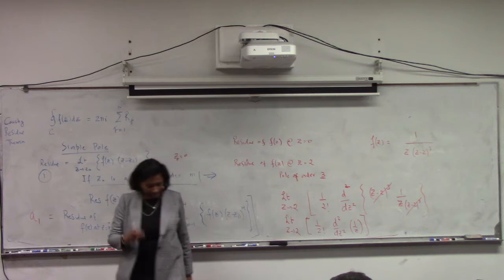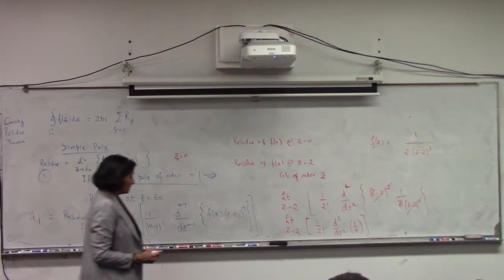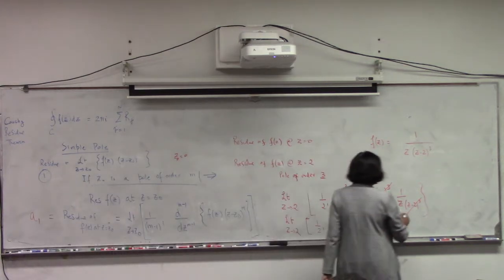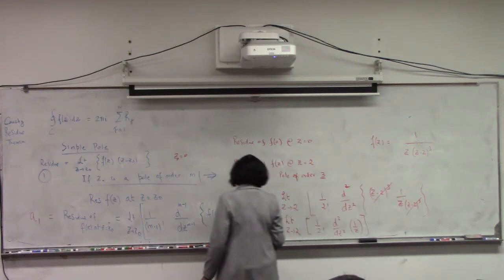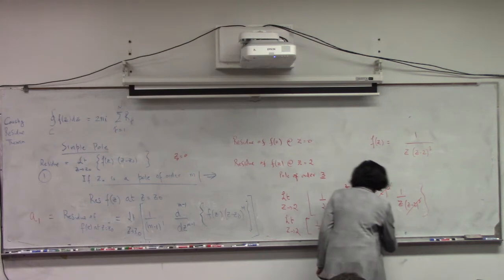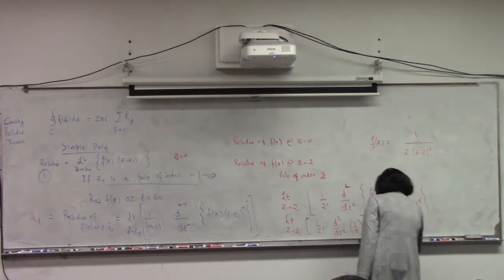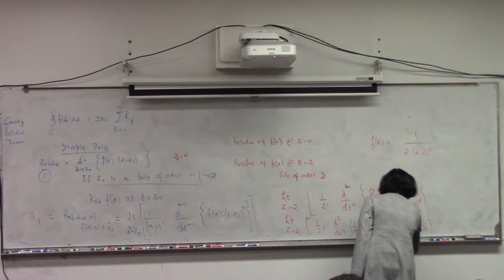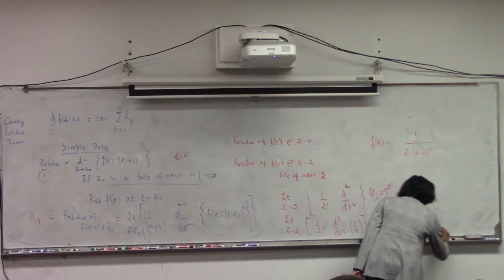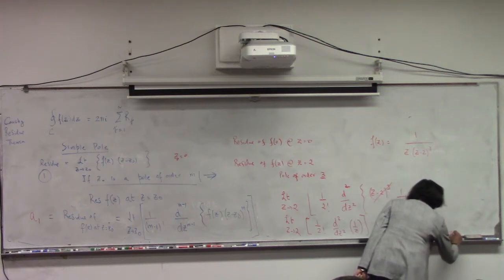So what is that? The first derivative is minus 1 over z squared, right? So this is 1 over 2 factorial of d over dz of 1 over z, limit z going to 2.